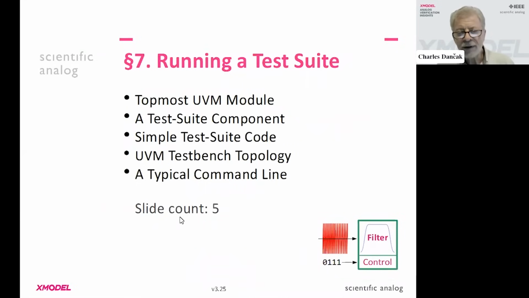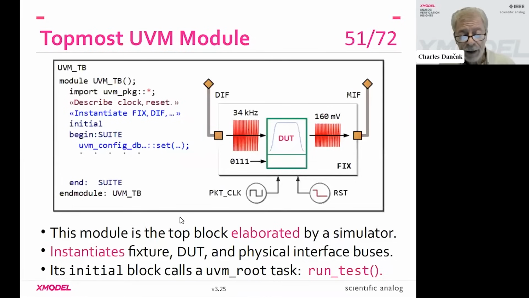So let's go on to section 7 and actually see how this test suite, this series of packets in our sequence, is actually run. Before we get started, we have to take a more detailed look at this topmost module, which we call UVM TB.